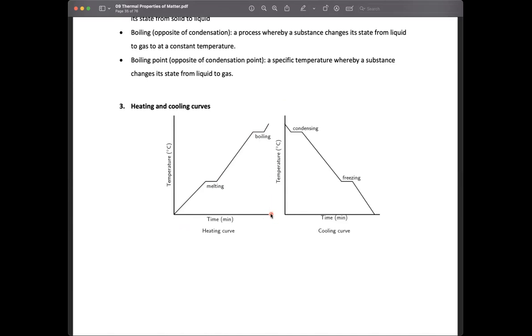Is that clear? Then in the cooling curve, from left to right, it is the opposite. So throughout from left to right, the internal energy kept decreasing.